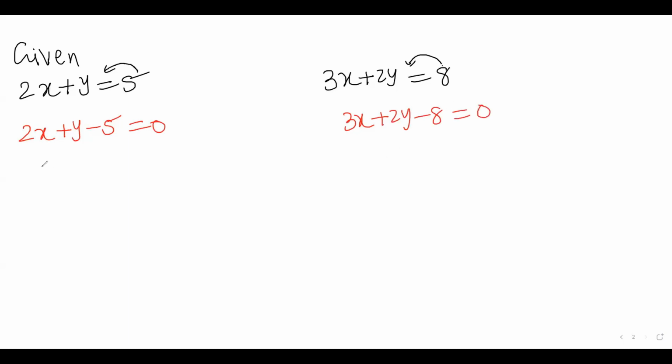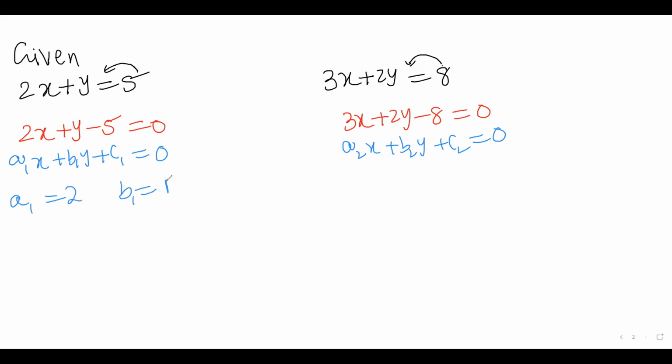Now write down the standard form of the linear equation: a1x plus b1y plus c1 is equal to 0, and a2x plus b2y plus c2 is equal to 0. Now find out the a1 value. b1: here you are having coefficient 1, so b1 will be 1.